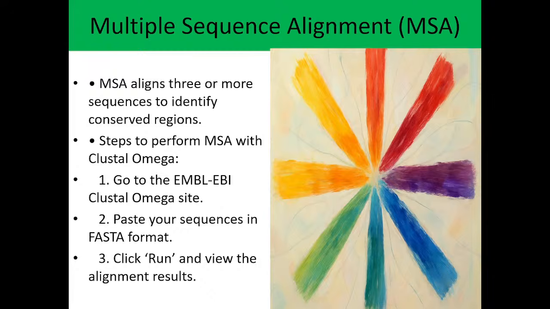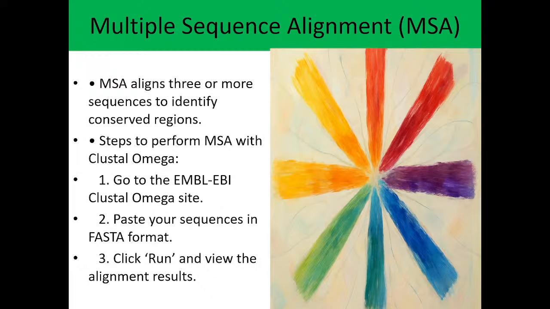The second one is to make use of these web-based tools for multiple sequence alignment. It is already displayed with you. MSA aligns three or more sequences together to identify conserved regions. If there are regions that are conserved, that are common, that means the three organisms must have originated, in terms of evolution, they are related.